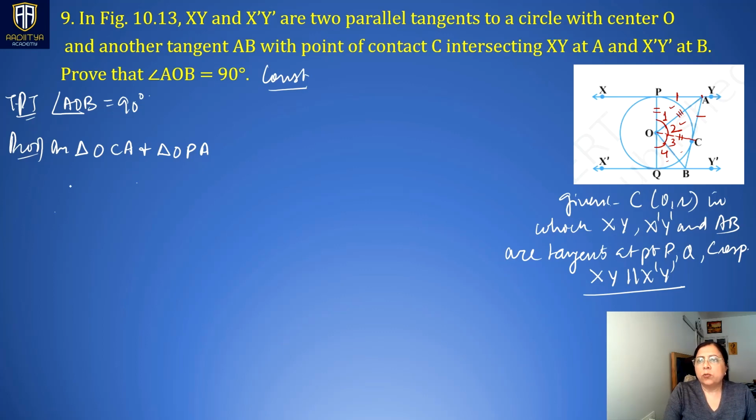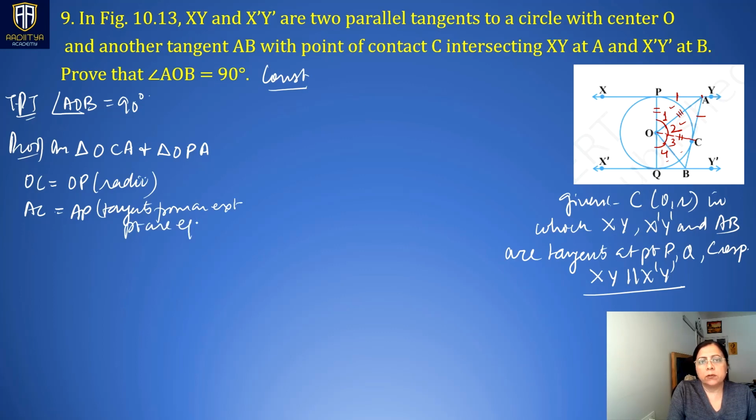So in triangle OCA and OPA, we write the parts. OC is equal to OP, because they are radii of the same circle. Then AC is equal to AP, because tangents from an external point are equal in length.